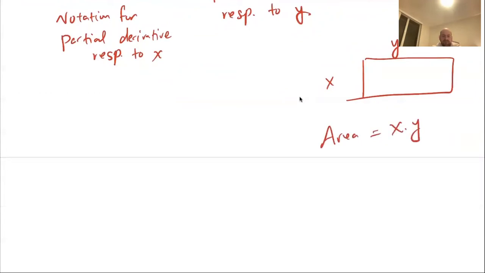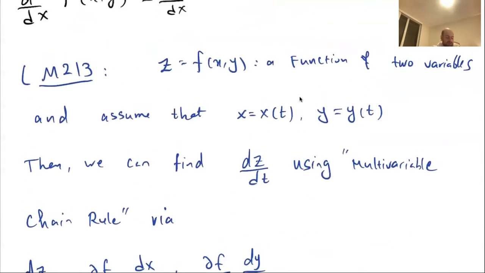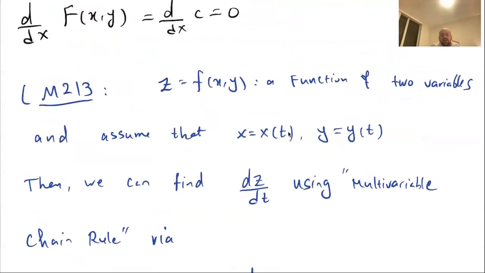As time passes, x increases and y increases. So x can be written as a function of time, y can be written as a function of time. Area itself is a function of x and y, x times y, but it can also be written as a function of time only.